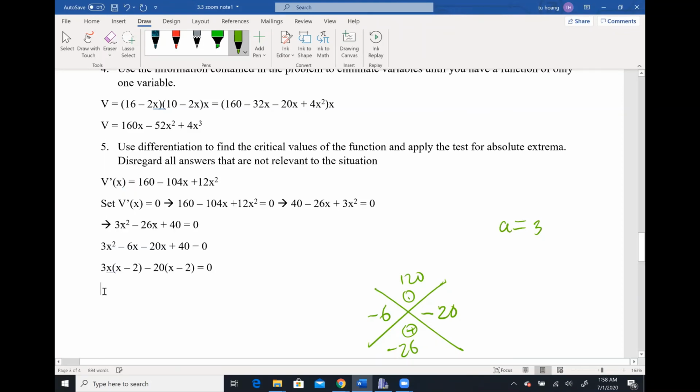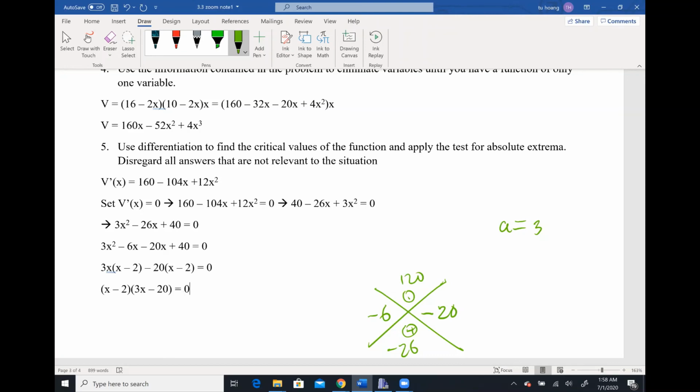Now factor x minus 2 out, and inside the first term will be 3x minus 20, equal to 0.